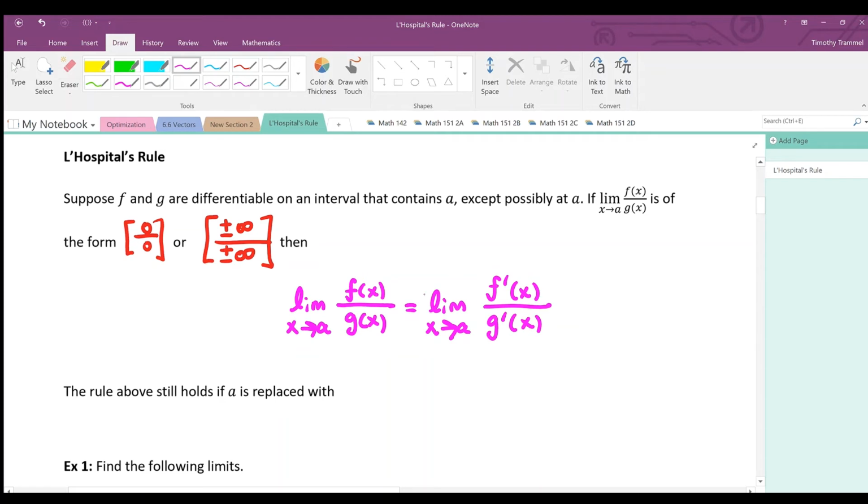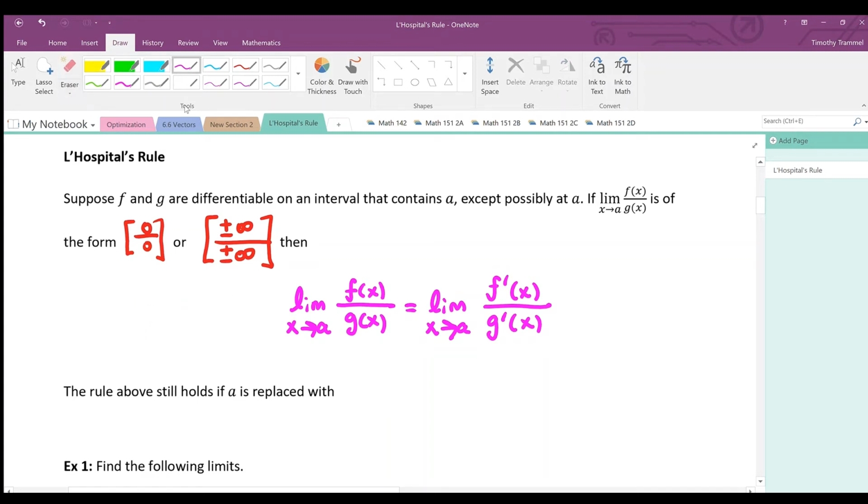So it ends up that if you just take the derivative of the numerator and denominator, you can take the limit of that instead. But you can only do that if the limit we're working with is of one of these two forms here.